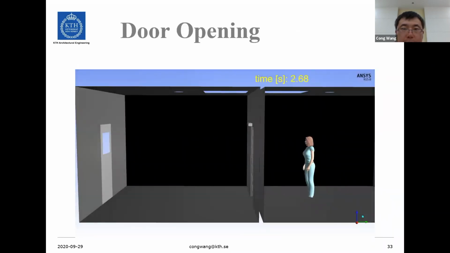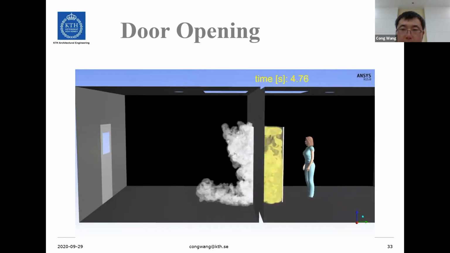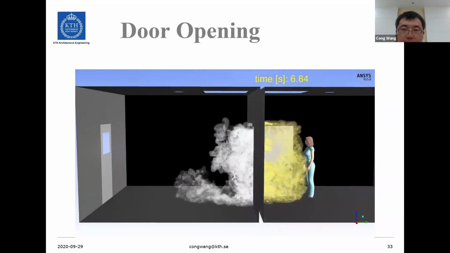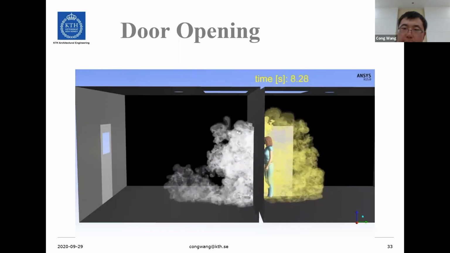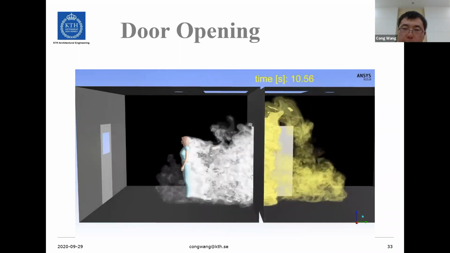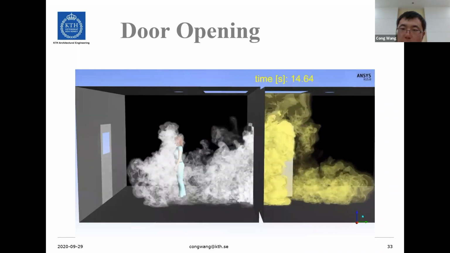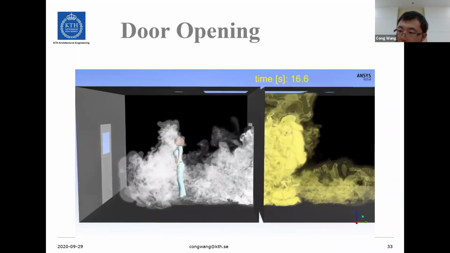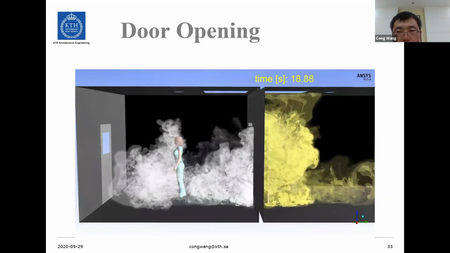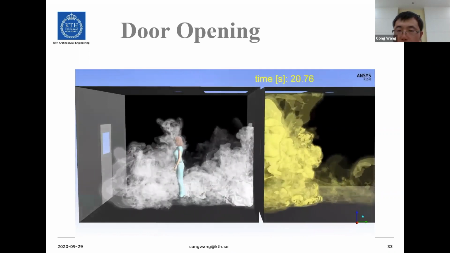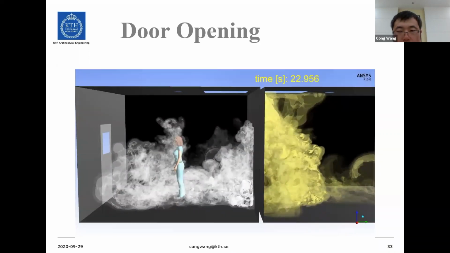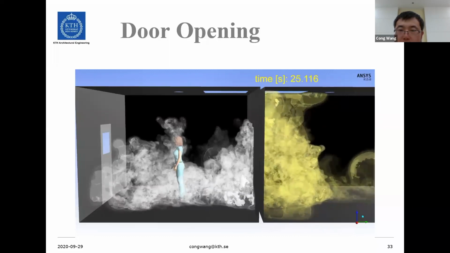The next topic is the opening. The reason why we need to investigate the opening is because it's inevitable for operating rooms to be connected to adjacent spaces through a doorway. And as we have mentioned, the area outside the operating room, for example the adjacent corridor, is usually more contaminated.